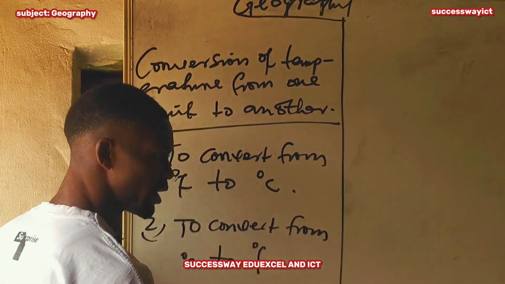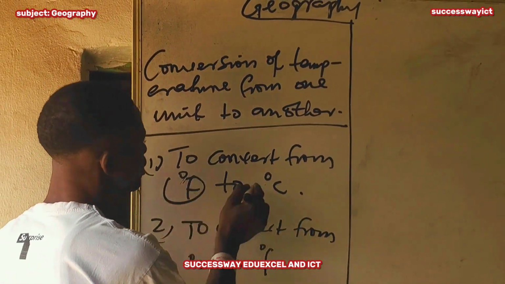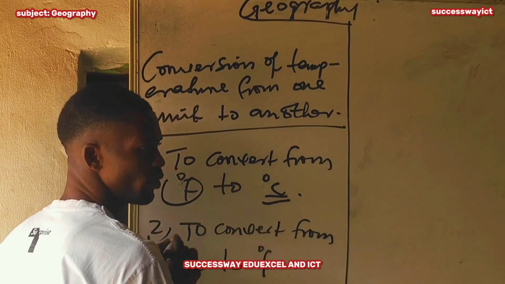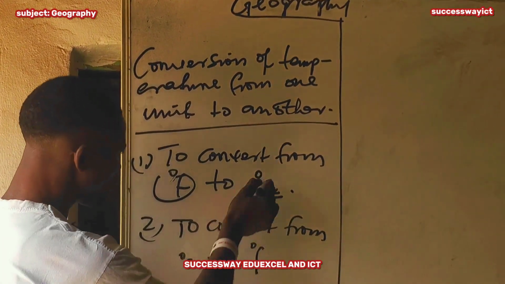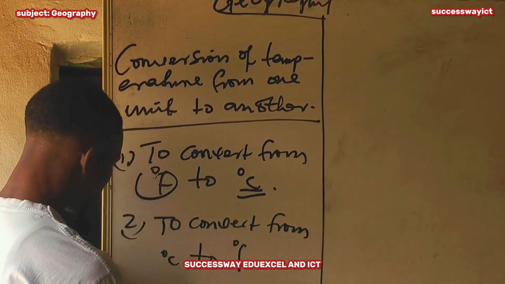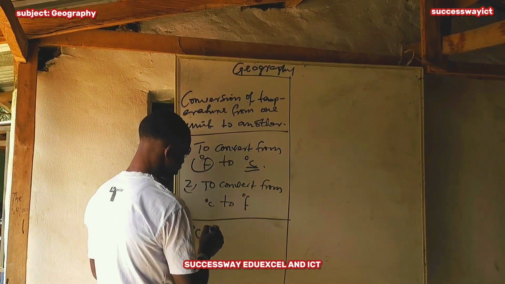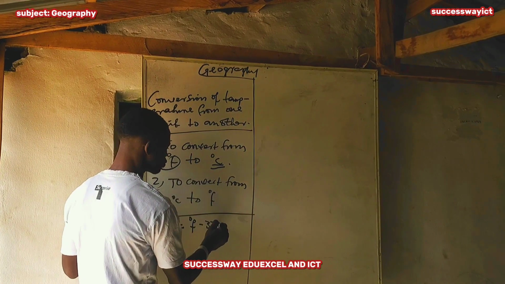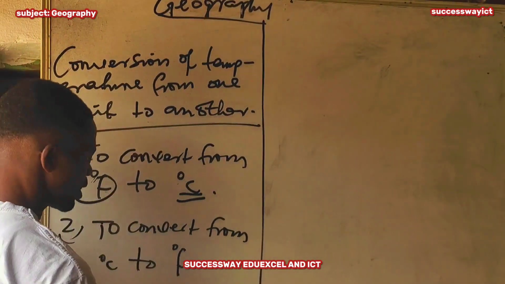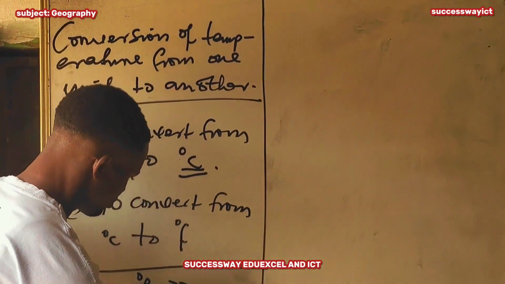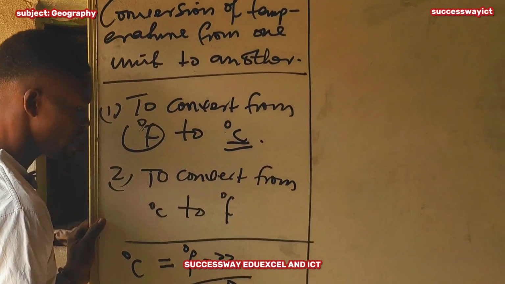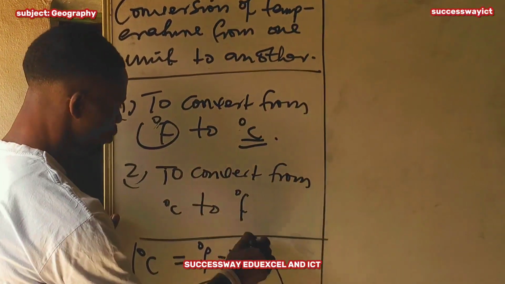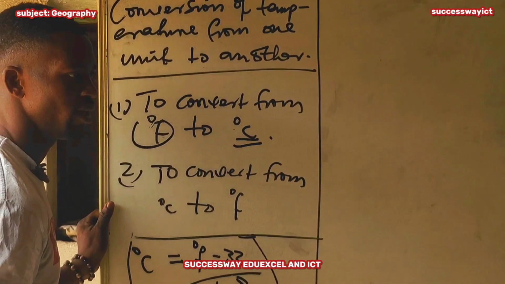The formula, if you are converting from this to this, it means you are looking for degree centigrade. The formula is: degree centigrade is equal to degree Fahrenheit minus 32, over 1.8. That is the formula for finding degree centigrade.